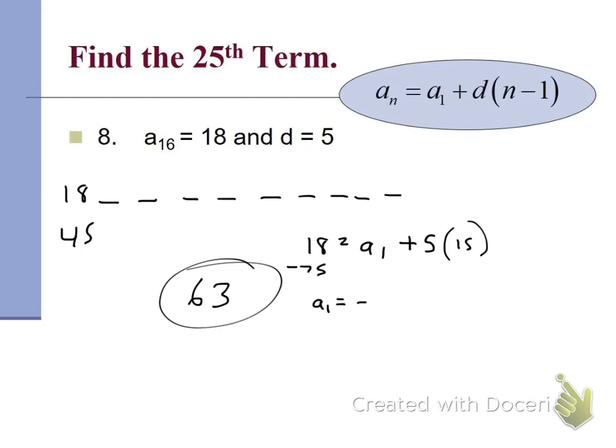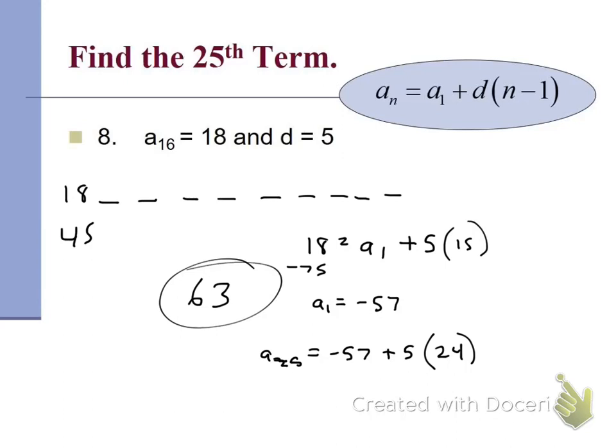What's 18 minus 75? What is it, Ella? Negative 57. And then you would go, okay, I'm ready to find the 25th term. The 25th term is negative 57 plus 5 times 25 minus 1, 24. Hold me accountable. Negative 57 plus 5 times 24 equals 63? So it's your choice how you approach these problems.